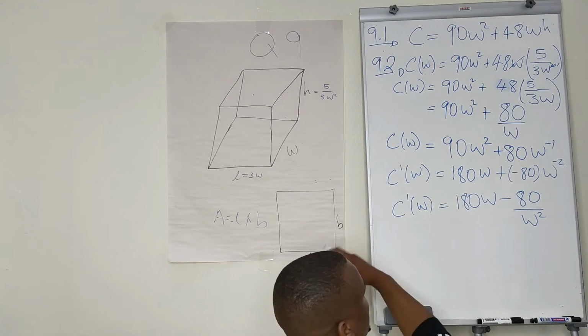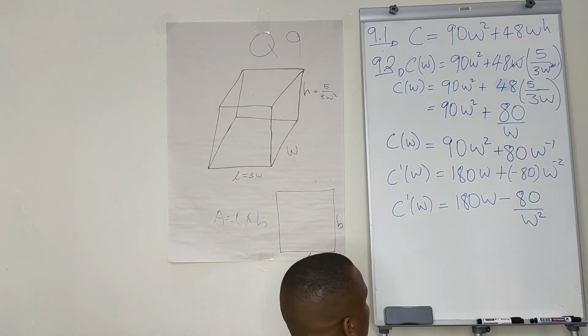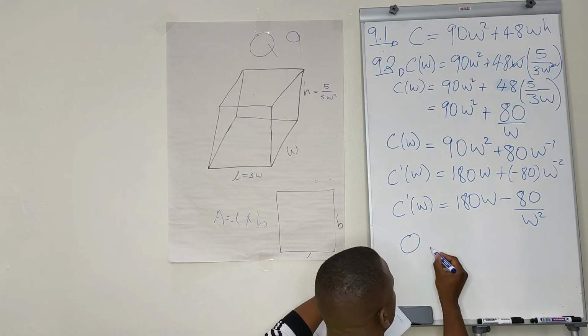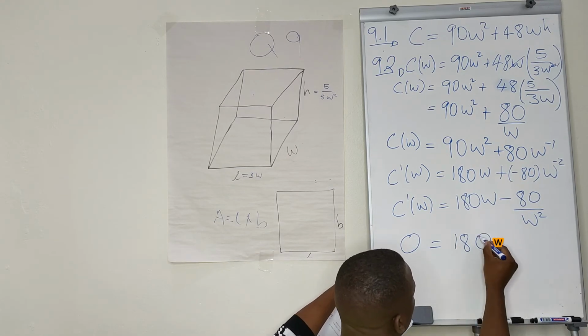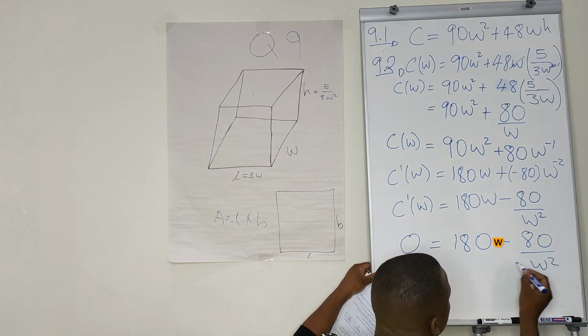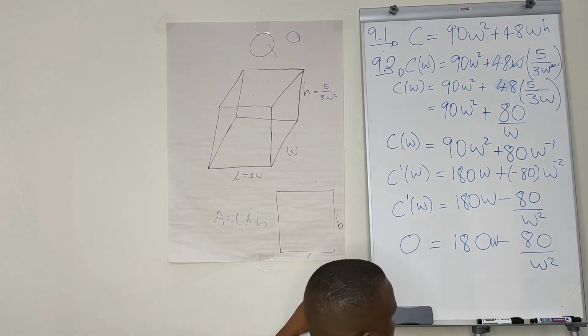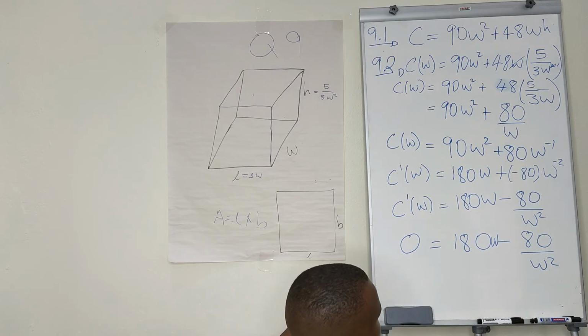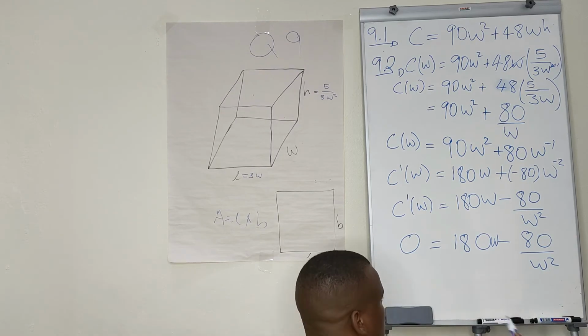Then you equate this to 0 to find your minimum. So 0 is equal to 180w minus 80 over w squared. So you're solving for w now.